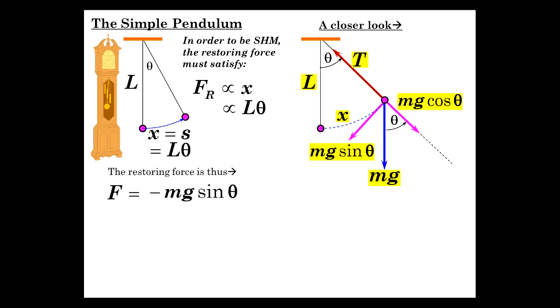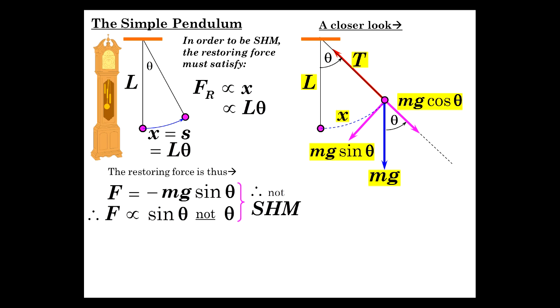So the restoring force is thus minus mg sine of theta. All right. So is that proportional to L theta? Well, not really. It's proportional to sine of theta. So not quite the same thing, not theta. Therefore, not SHM, because it would have to be proportional to theta.